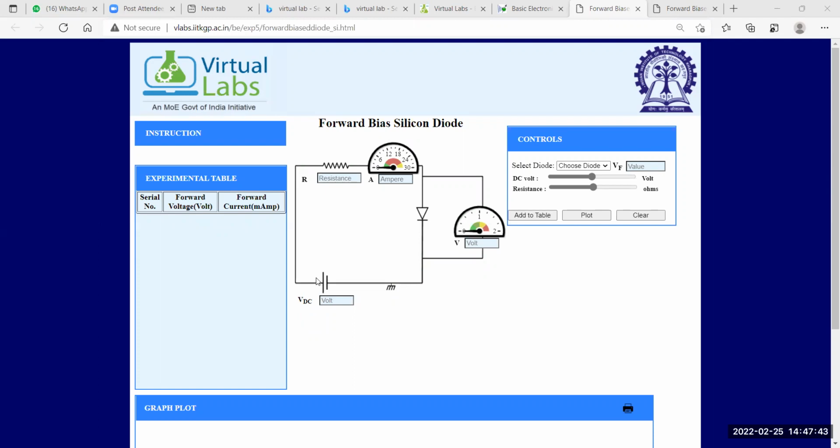This is the VDC, and this is the positive. The VDC positive is connected to the positive, meaning the anode. This is a diode. This is the cathode part, this is the anode.